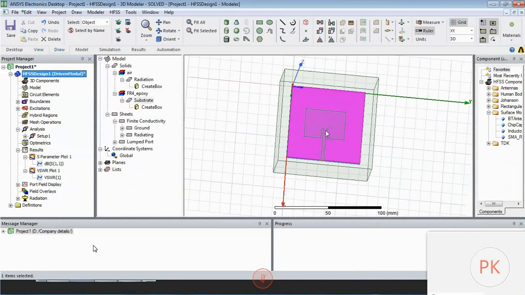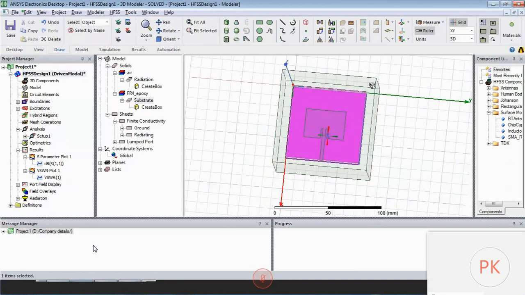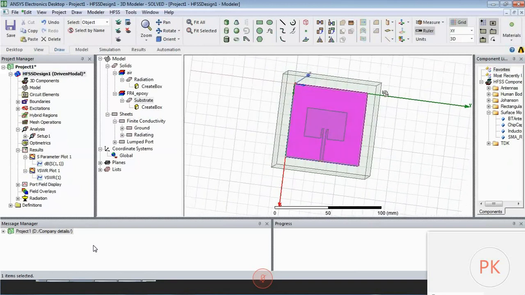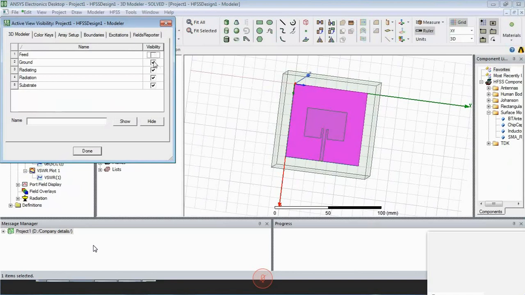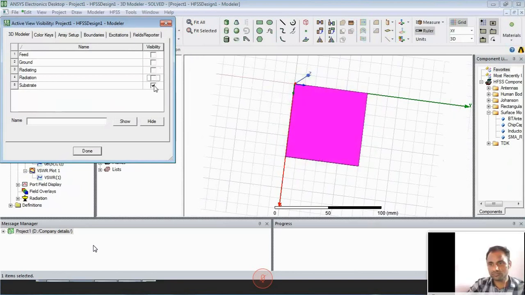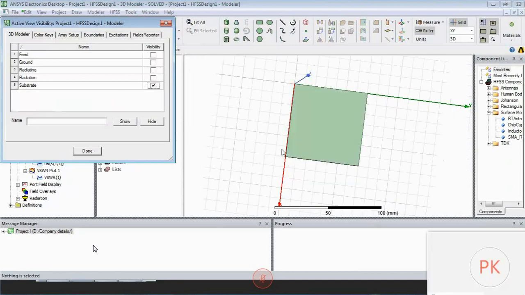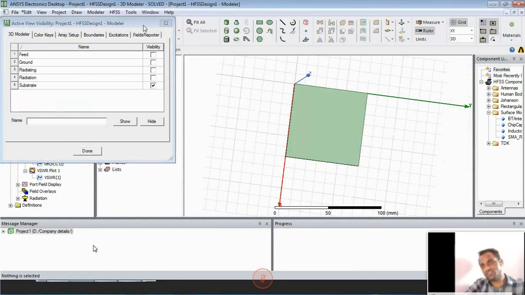So before going to all the things, first I'll explain the design once again in a step-by-step basis. First, we need to put a substrate, and the substrate I told yesterday itself, we have an FR4 substrate only.